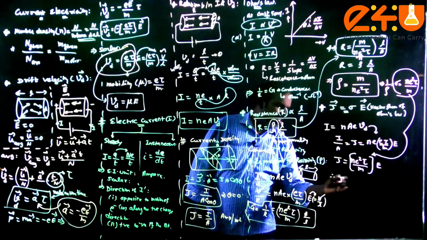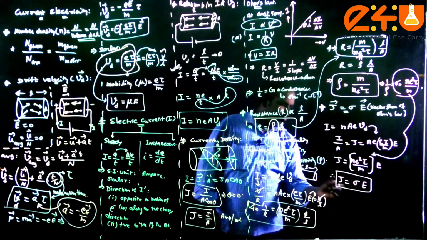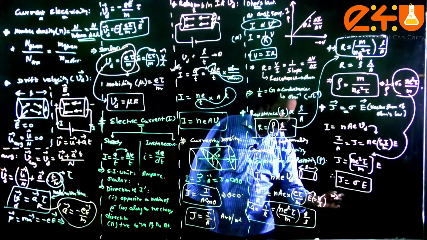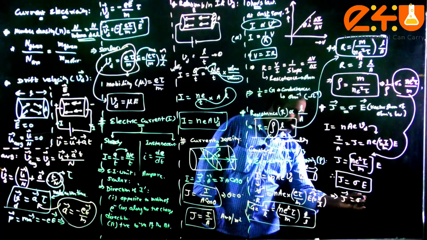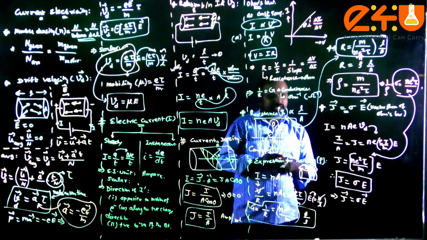Therefore J equals sigma into E. This is the scalar form. If you want to write the vector form, we can say J vector is equal to sigma into E vector. So this is today's discussion.